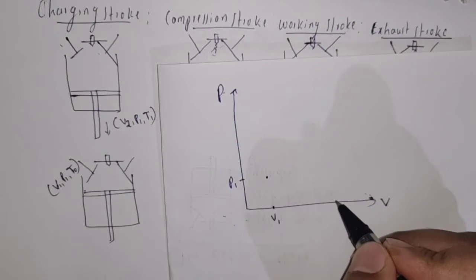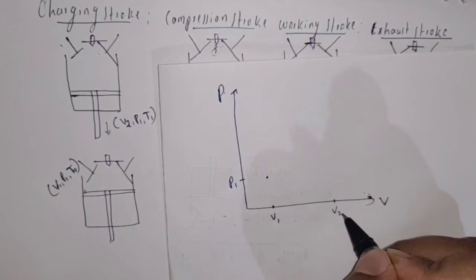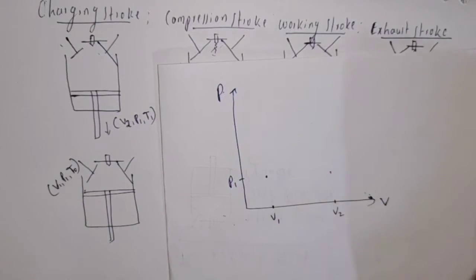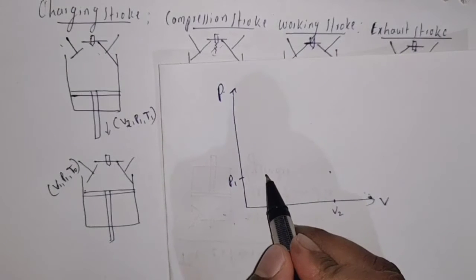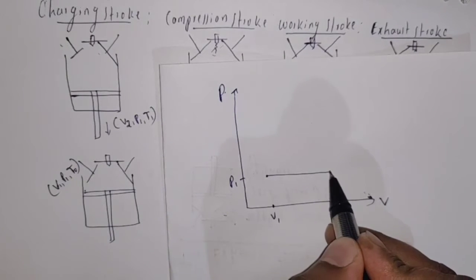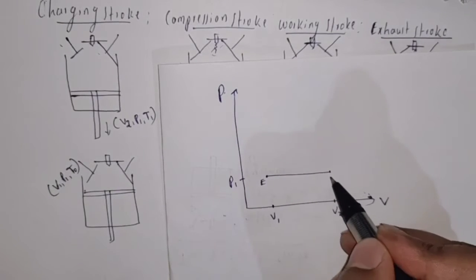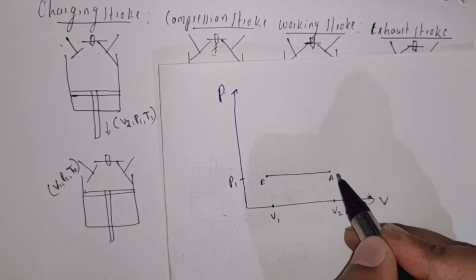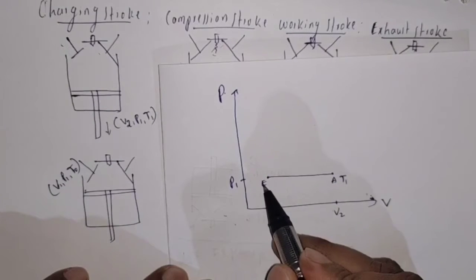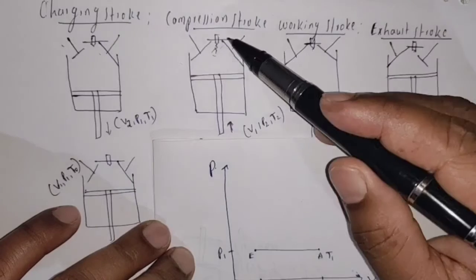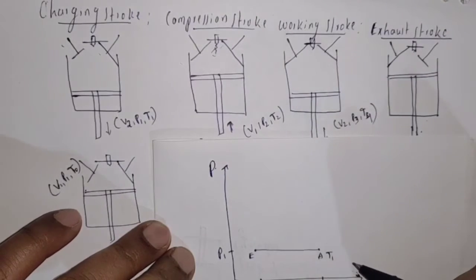Here there is an increase in volume but the pressure remains the same. I am going to represent the charging stroke by EA. Here the temperature is T1.